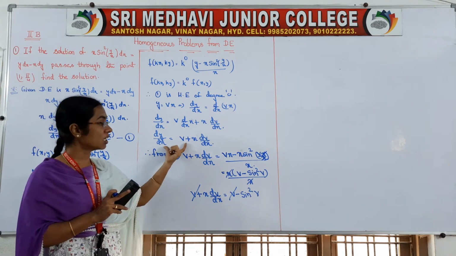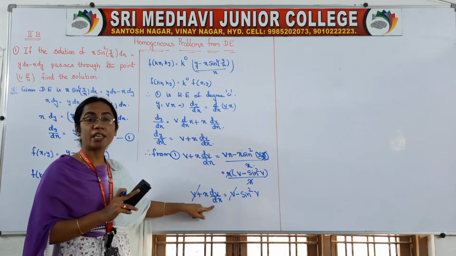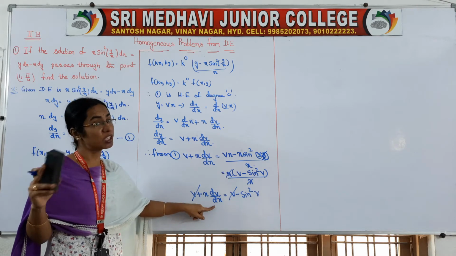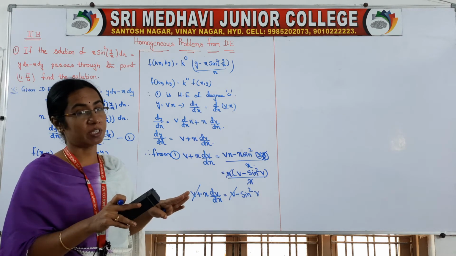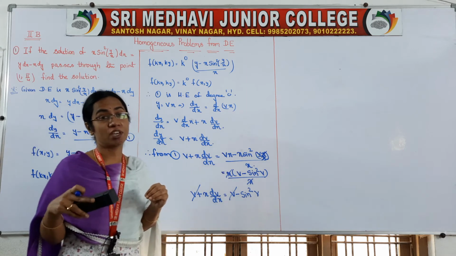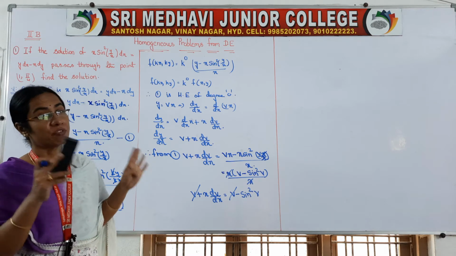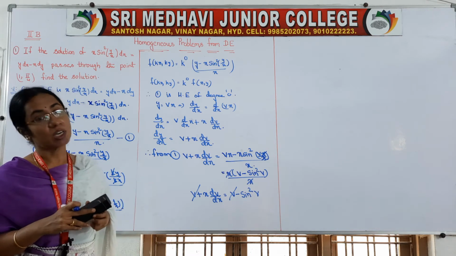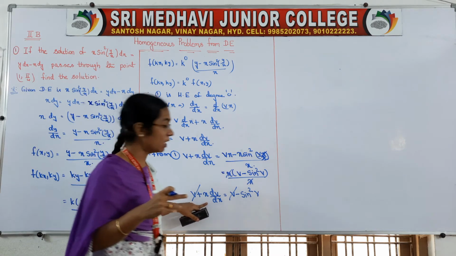After the substitution and simplification, our equation will be in variable separable form. V terms into dv, x terms into dx we can write. That means only v terms and x terms will be there, not x and y terms. After the substitution of y is equal to vx, your equation contains v terms into dv and x terms into dx.